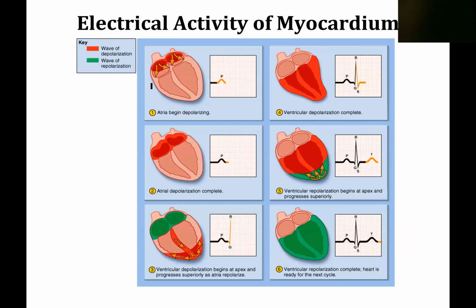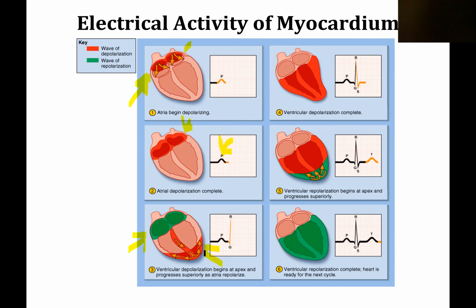Here we see matching up of the depolarization and repolarization and matching that with the electrocardiogram. So depolarization of the atria is the red. That's what we record as the P wave. Repolarization is green.